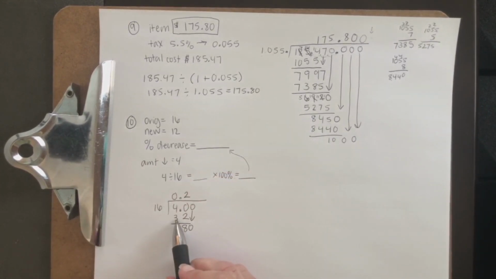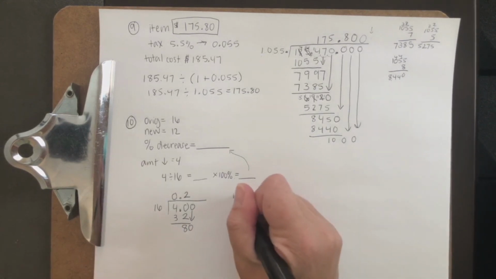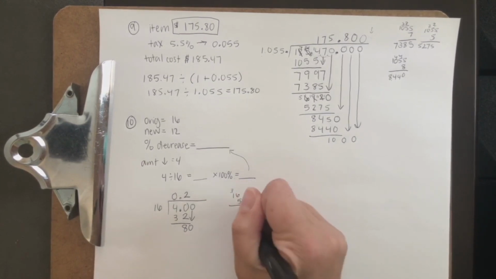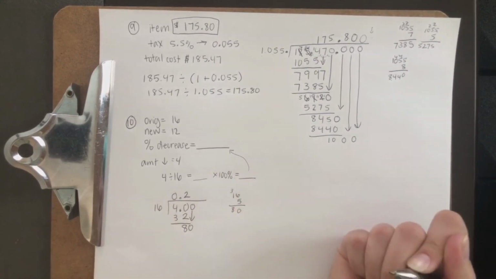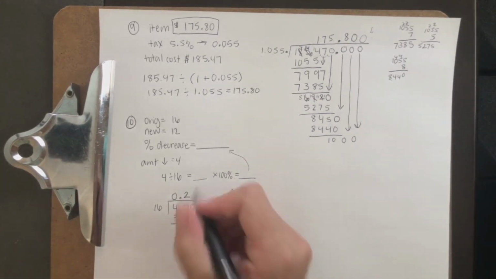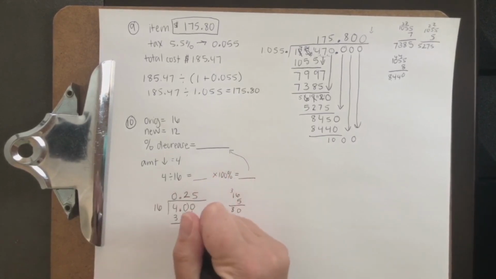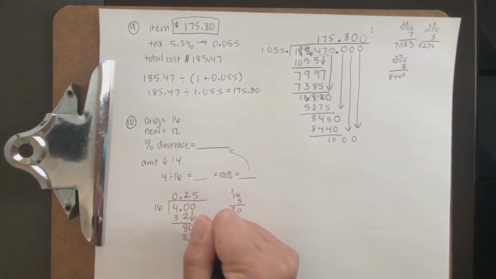Well, 16 times 5 is 80, and we have a remainder of 0.